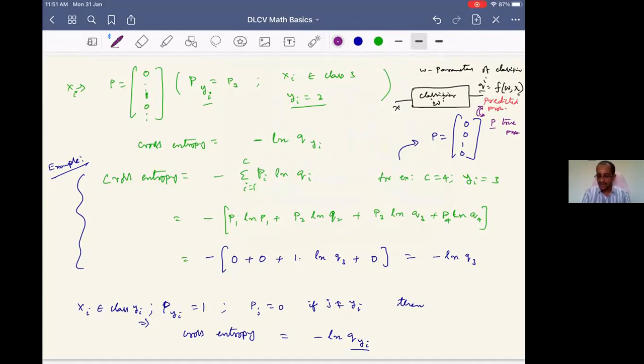If we quantify that, we would like to learn the parameters W such that they become more and more updated so that P and Q agree, the predicted probability and the ground truth or desired probabilities agree for all samples X, not just for one sample. That's how the parameters are being updated. That's what learning is.